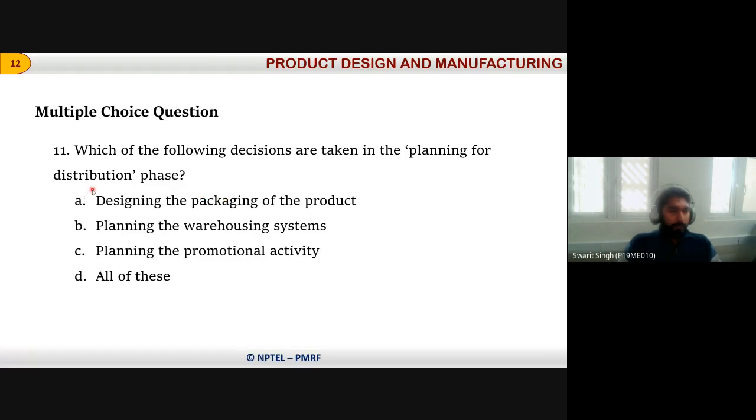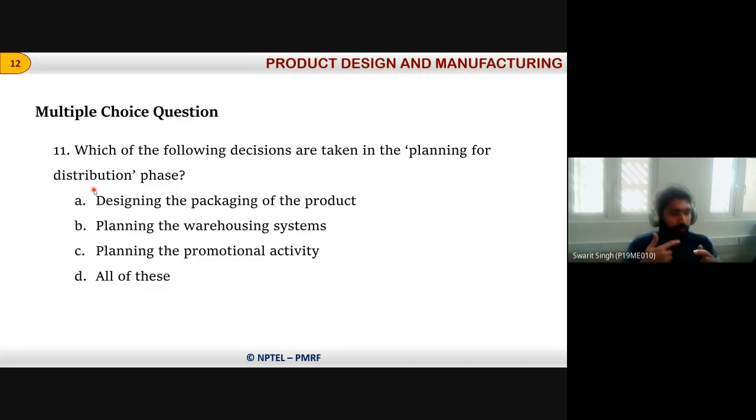For distribution, first of all, we require the packaging of the product. The product should be packed in a proper manner so that it reflects the product inside it. You can see different types of wrappers of chocolates. Inside there is a chocolate, but based on the wrapper the consumer gets attracted towards it.